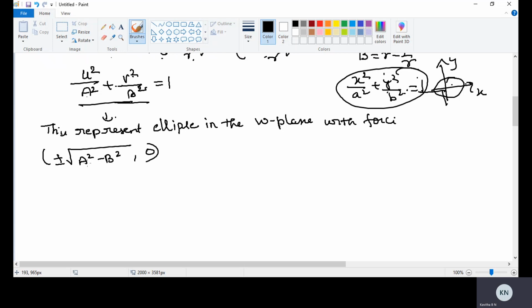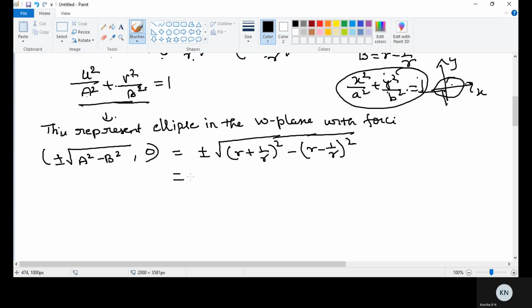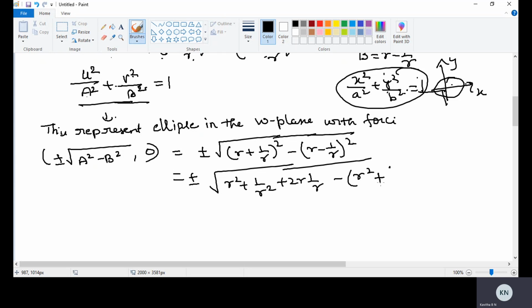Then plus or minus square root of, substituting the values here, r plus 1 by r whole square minus r minus 1 by r whole square, plus or minus r square plus 1 by r square plus 2r into 1 by r, minus r square plus 1 by r square minus 2r into 1 by r.